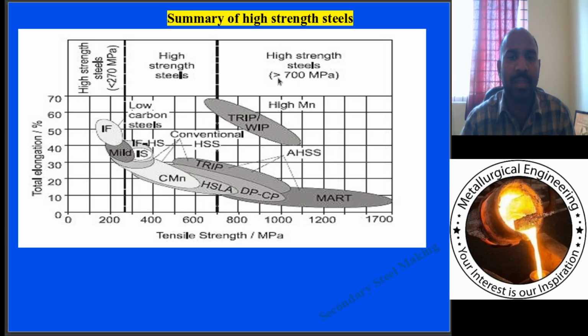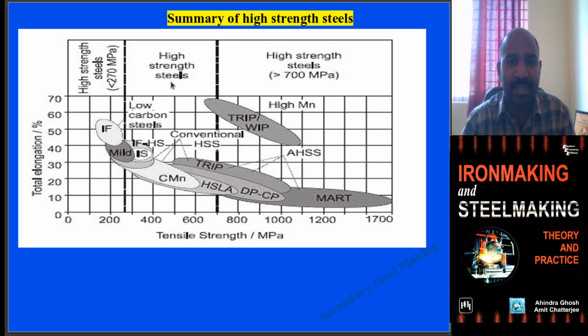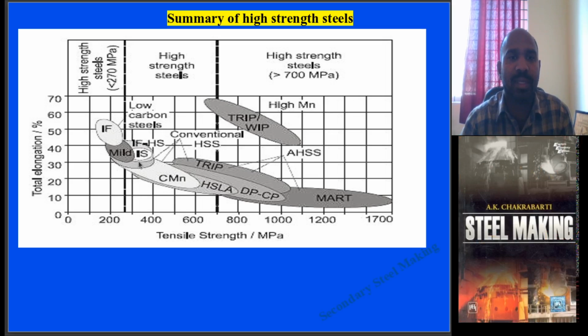These kinds of steels are summarized here, showing how the elongation and tensile strength vary. High strength is greater than 700 megapascal and less than 270 megapascal. These are the varieties of grades of steels.